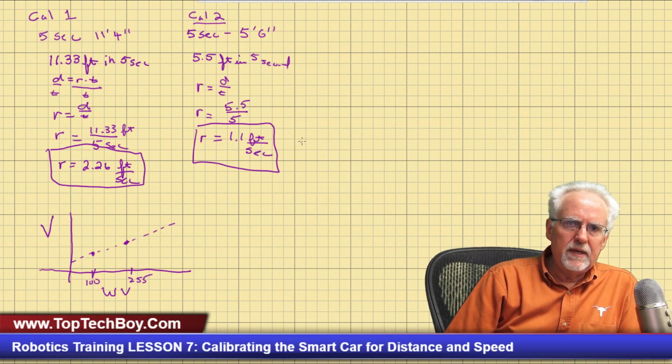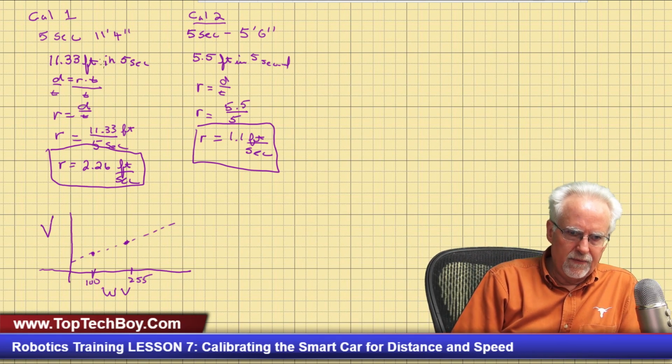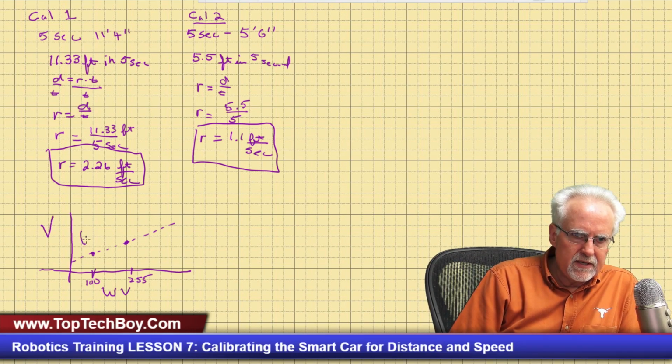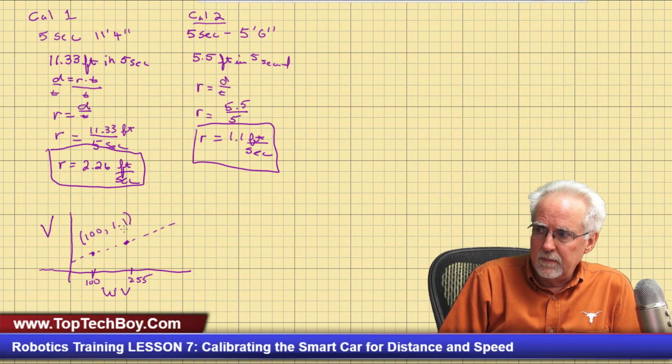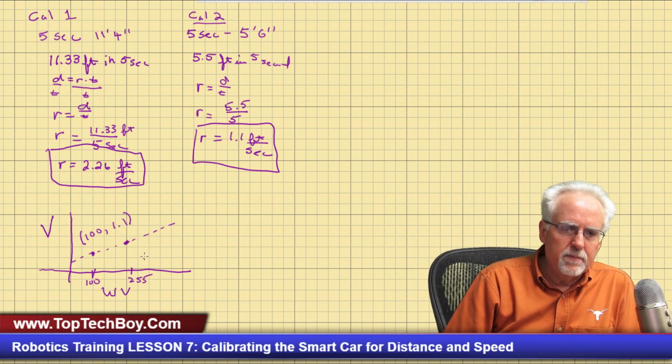But what we need to do is see what these 2 points are. This point has an x value of 100 and it has a y value of 1.1. So if I apply a right value of 100, I end up going 1.1 feet per second.